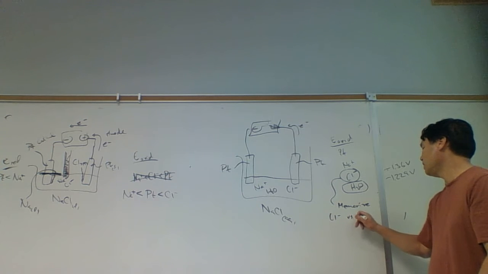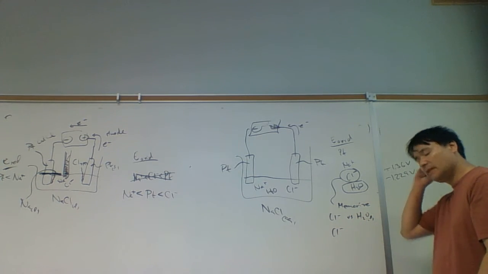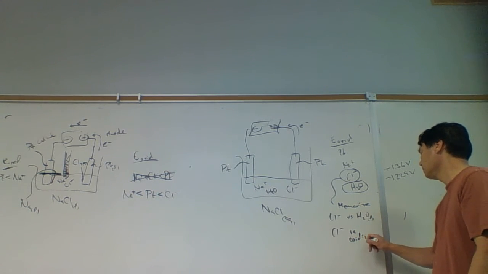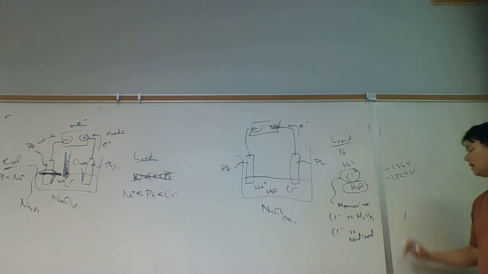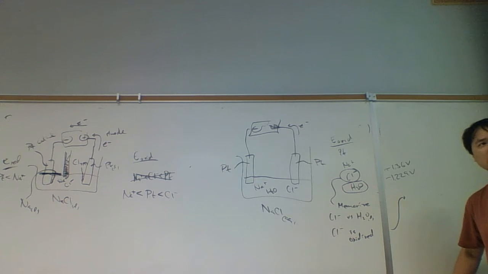Chloride versus water. Chloride is oxidized. In terms of chemistry, we say the chloride has a lower activation barrier. Activation barrier is the amount of energy you have to input. It's your initial investment.